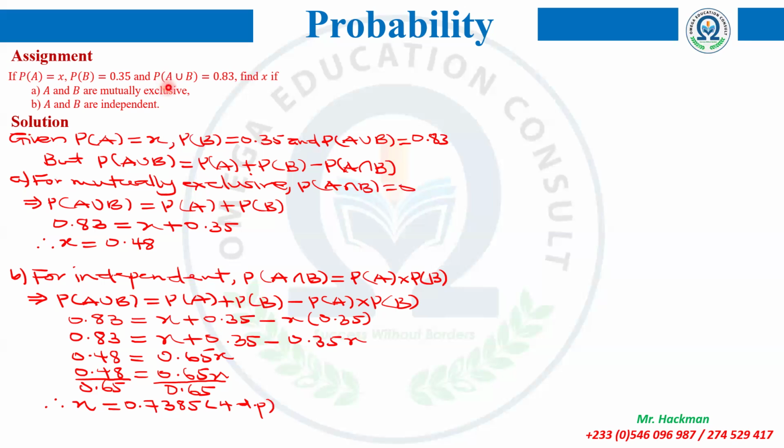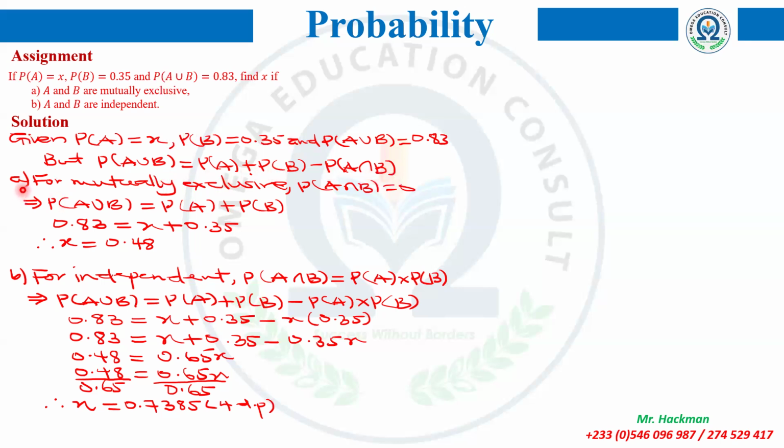Whether A intersection B will be the product will equally depend on the type of event, dependent or independent. So here, the task is to quote the formula, to know the relation for the probability of A union B, the general formula, which is what you have here.